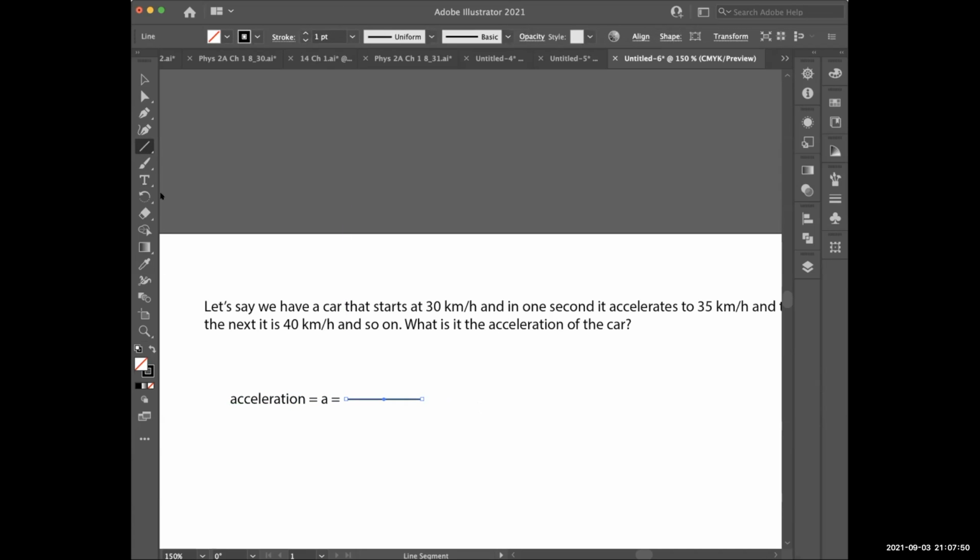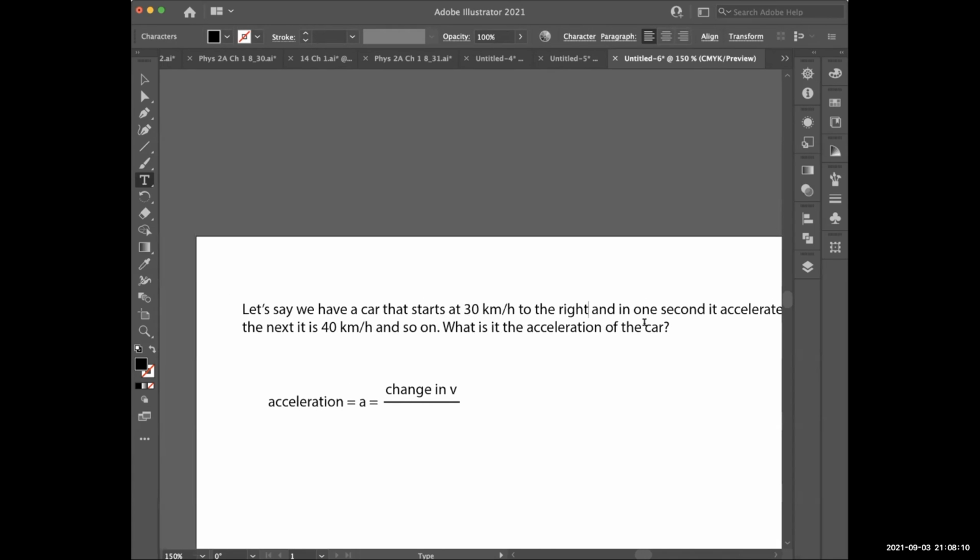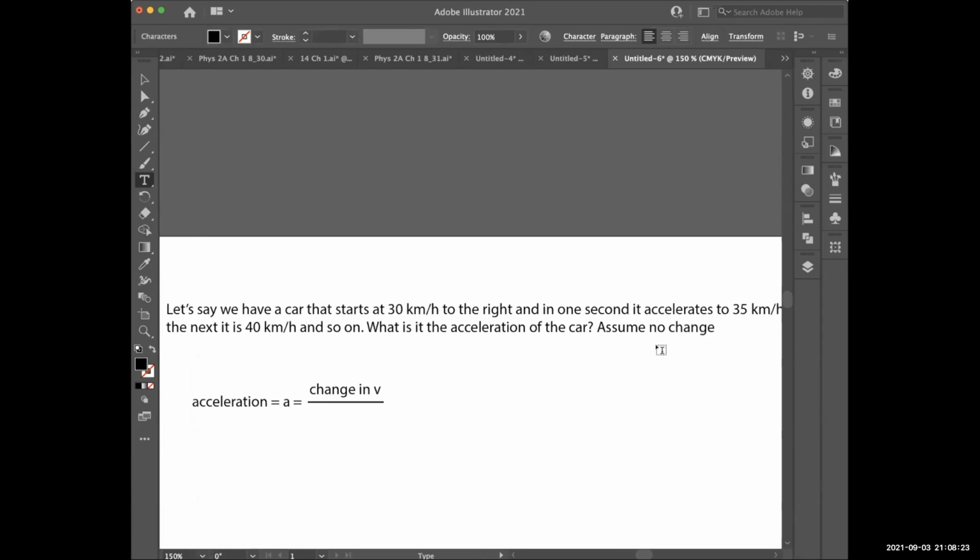It's going to be the change in velocity, which I'm going to just abbreviate as V. This is the starting velocity right here. Let's say velocity to the right, and we're just going to keep on going to the right. Let's assume no change in direction for now. We'll talk about that later.